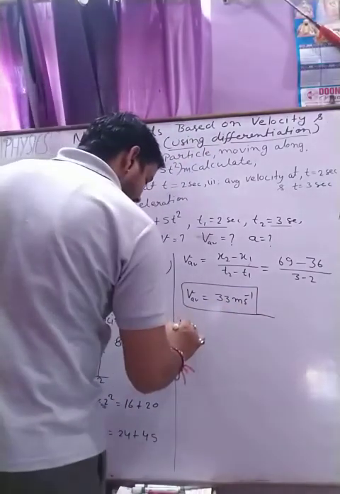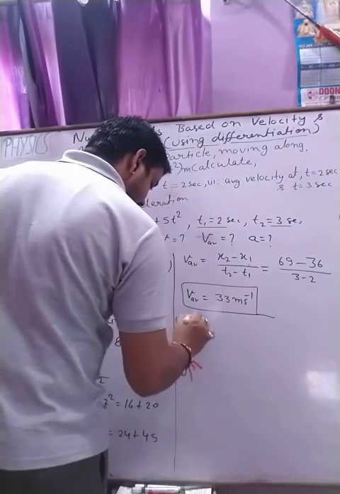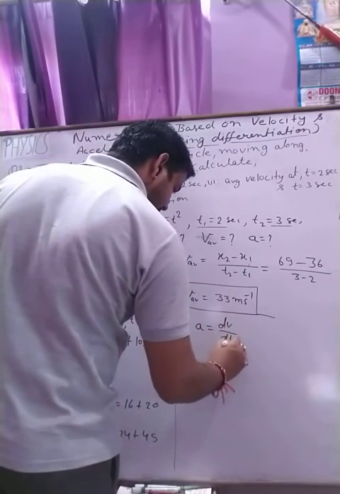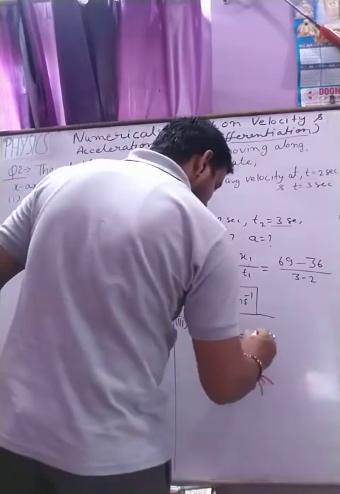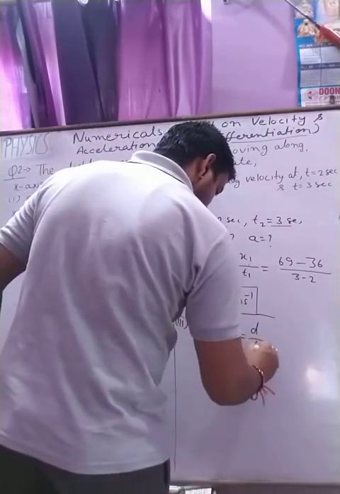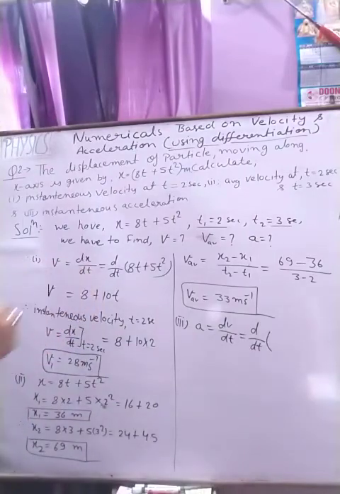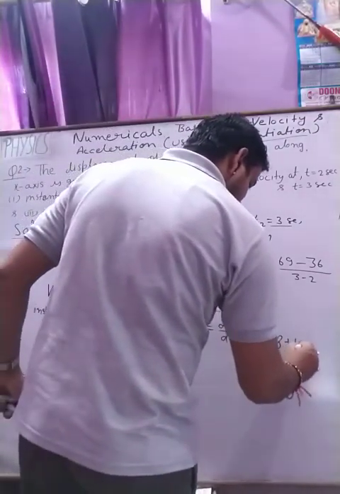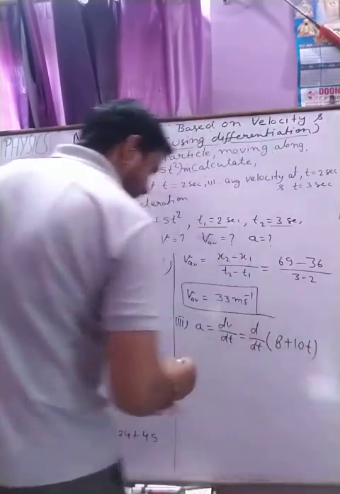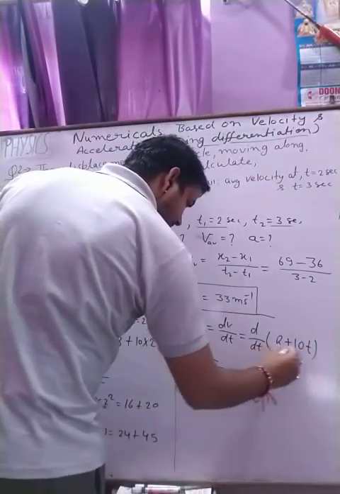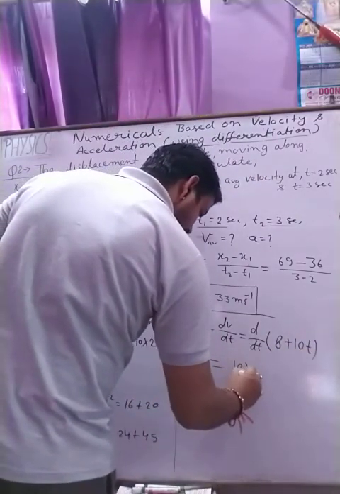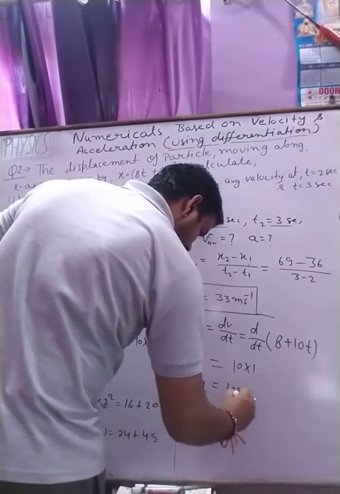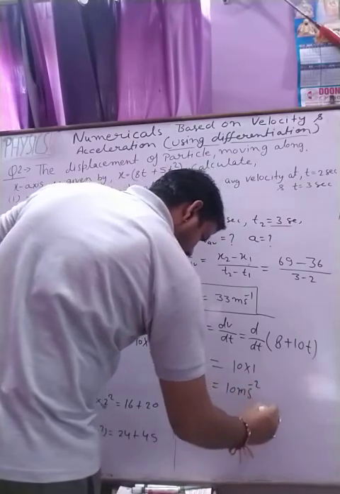Okay, and the third part is acceleration, which is dv over dt, that is d over dt. Value of v is 8 plus 10t. On solving it we get 10 into 1, which is a is equal to 10 meter per second square.